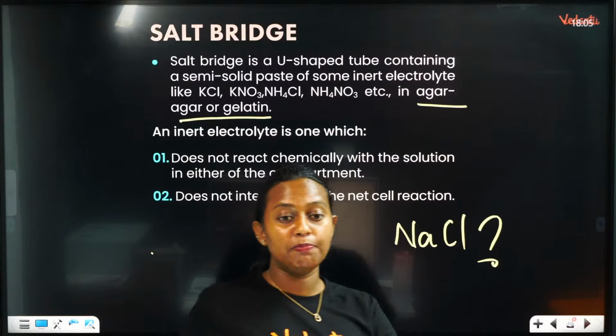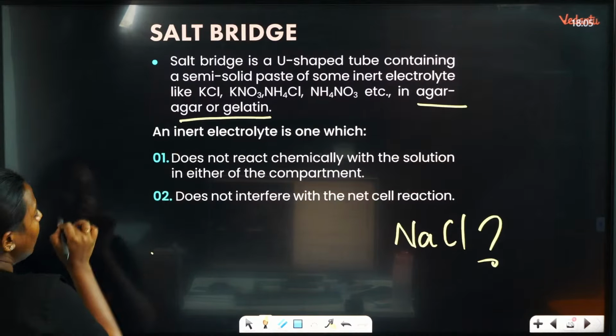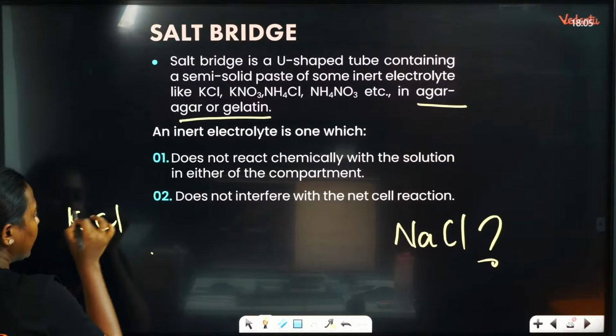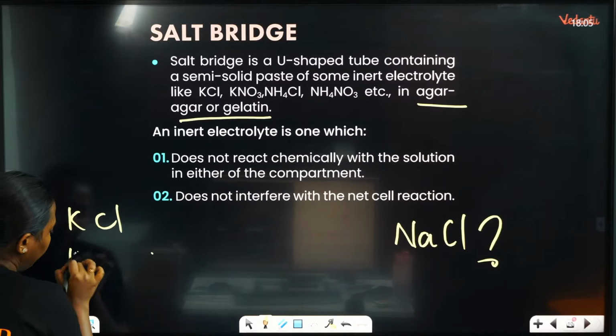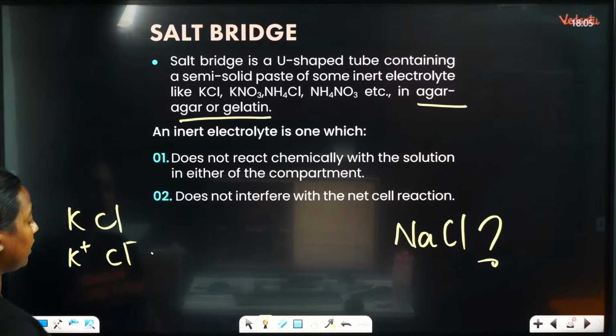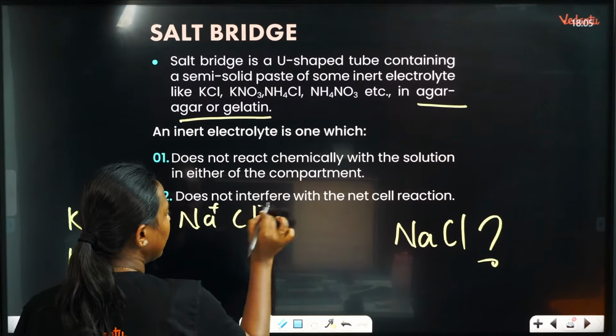So next important point, very good Kirtana. When you consider KCl, it forms K+ and Cl-. NaCl will also form Na+ and Cl-.